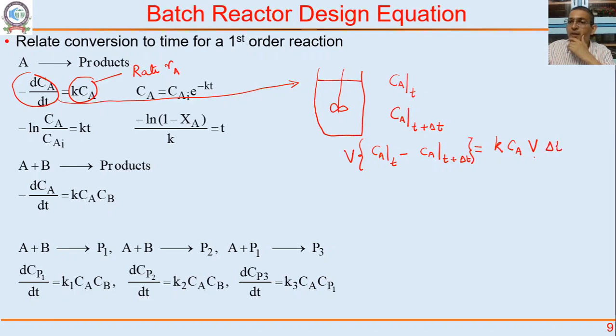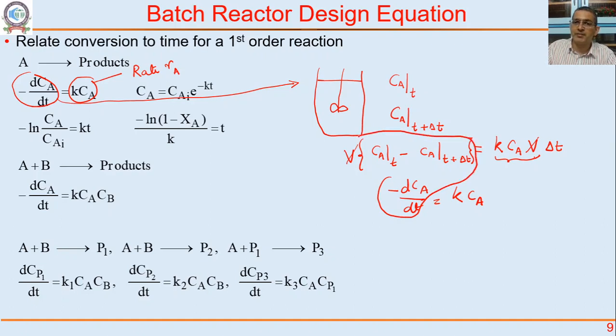So within the amount of time delta t, these many moles have reacted. Now if you divide by delta t and take the limit as delta t tending to 0, and this V you can cancel, you will get minus dCA by dt is kCA. This minus dCA by dt is coming from material balance. Material balance, rate is kCA. Okay? And the rest is all mathematics.